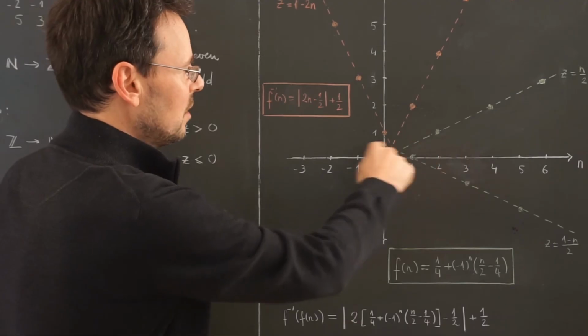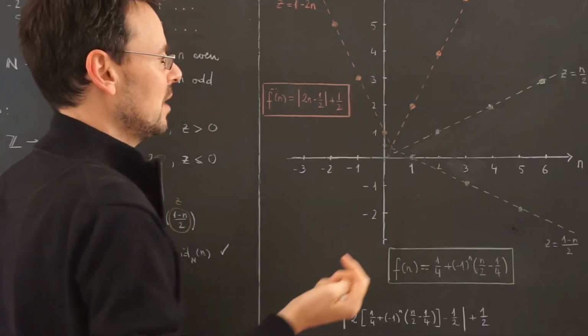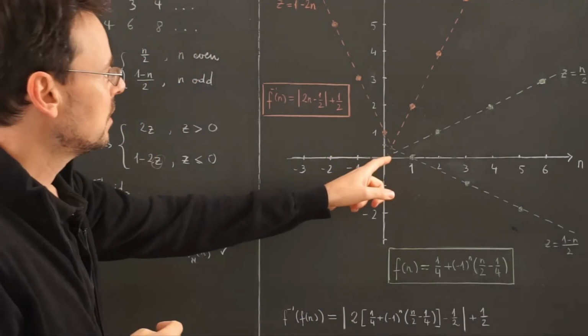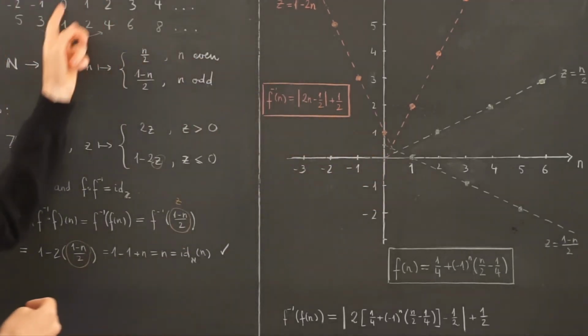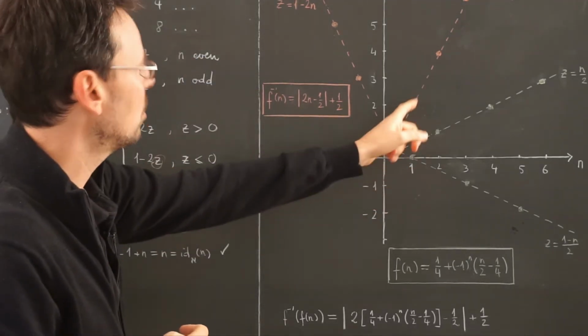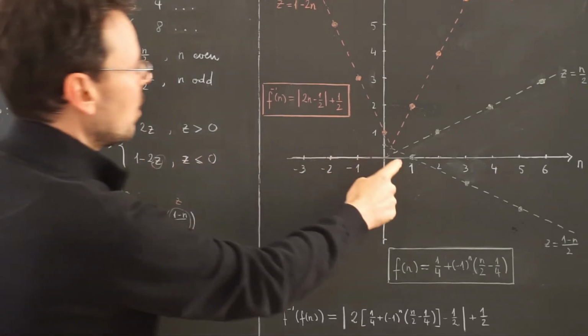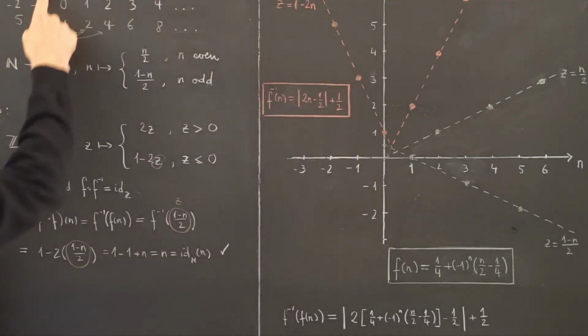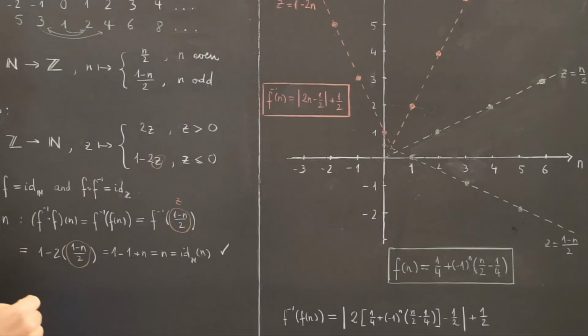And now I map the integers in this zigzag fashion to the natural numbers. Take a look. 0 goes to 1, checks out. 1 goes to 2, checks out. Minus 1 goes to 3, indeed, and so on.